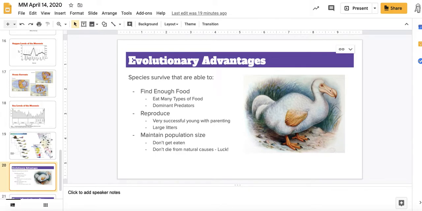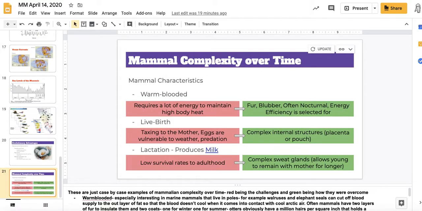And then we talk specifically here about evolutionary advantages and what species need to survive, and if they're not just surviving but thriving. And then mammals' complexity over time and what the pros and cons were to the animal for each of these 3 things.